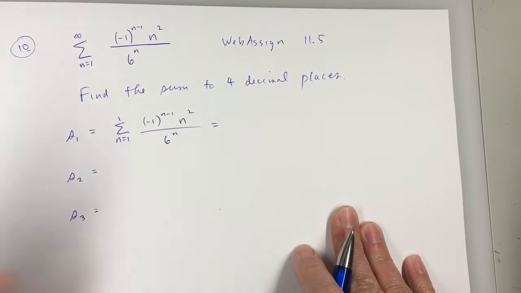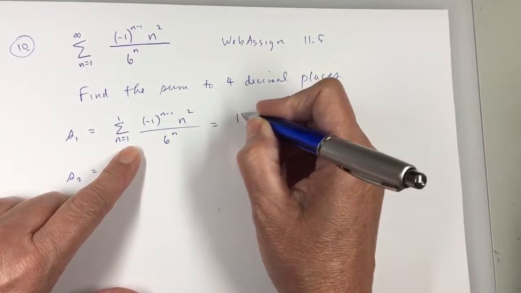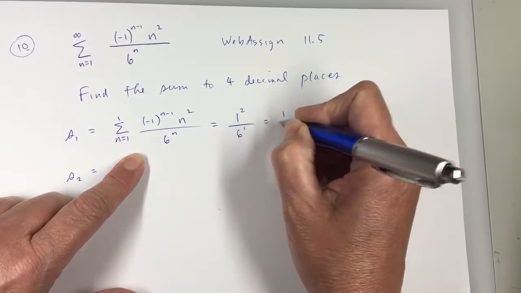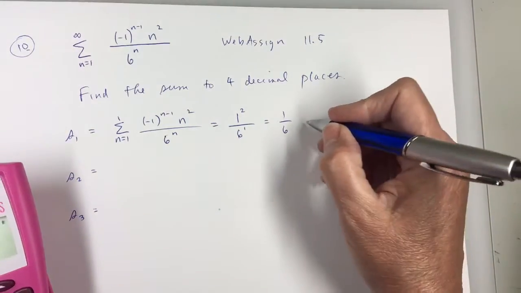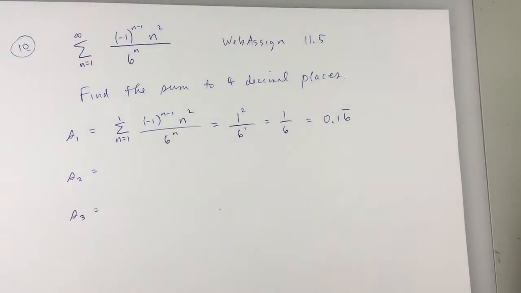So negative 1 to the 0 is positive 1. So the first term will be positive. This would be 1 squared over 6 to the first. That's just 1/6. And you might want to get the decimal for that. 1 divided by 6, it is 0.1 repeating 6.